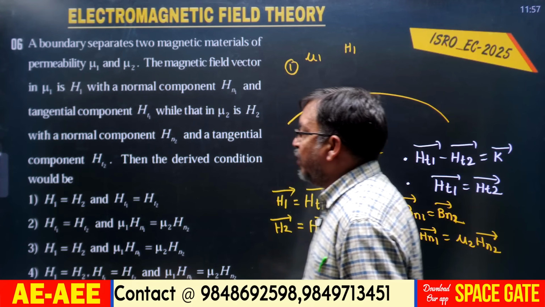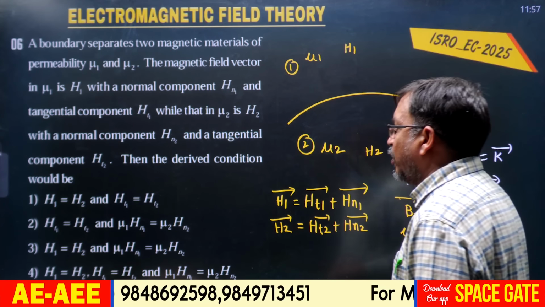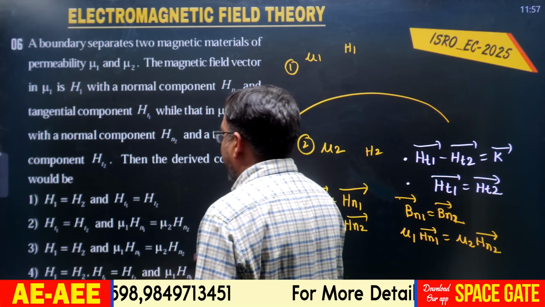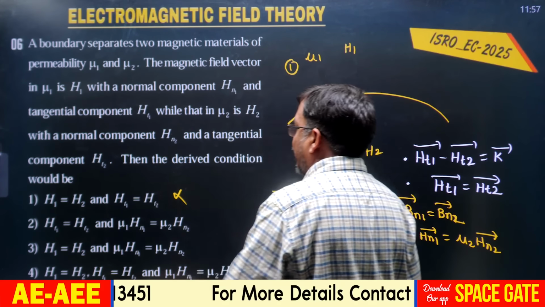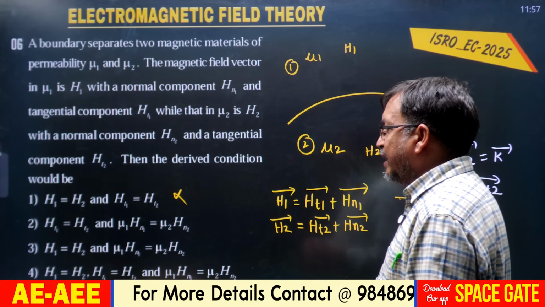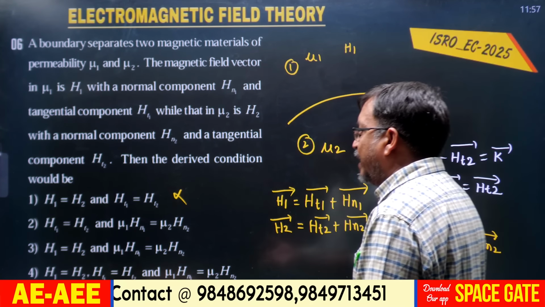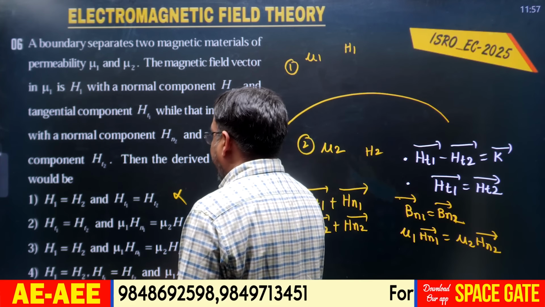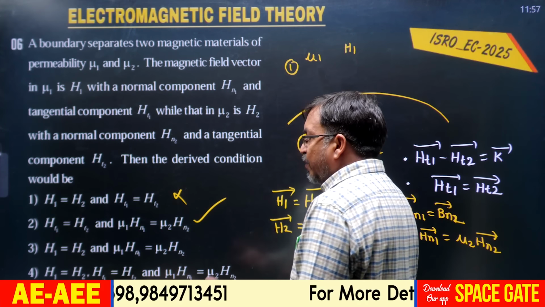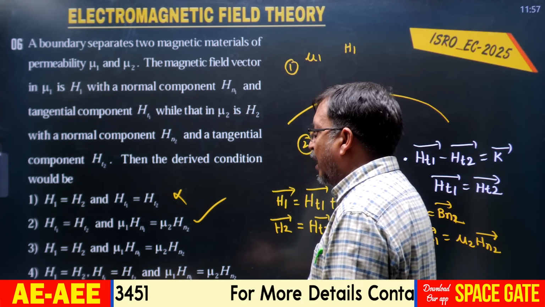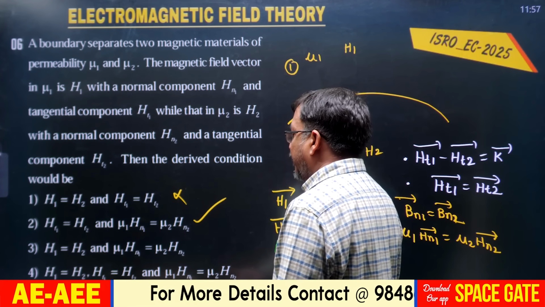Now I am using these four equations. See, H1 equal to H2 and HT1 equal to HT2: wrong, because H1 is not equal to H2. And the second option is HT1 equal to HT2 and mu1 Hn1 equals mu2 Hn2. Yes, this is correct. H1 equal to H2 is wrong, and mu1 Hn1 equal to mu2 Hn2.